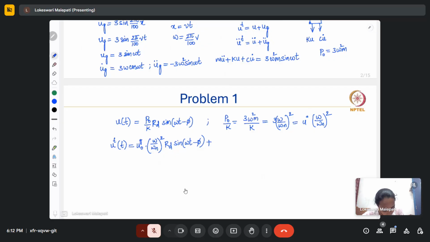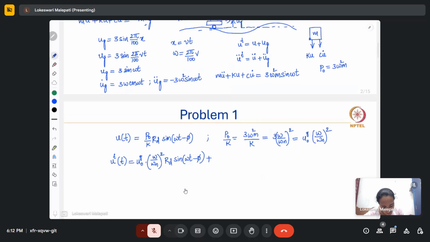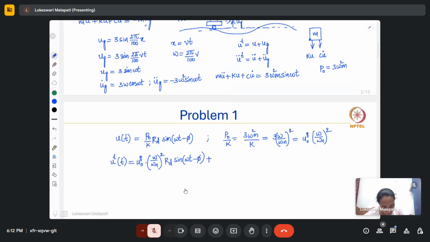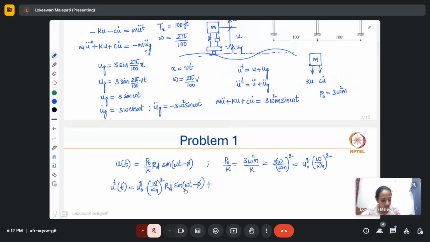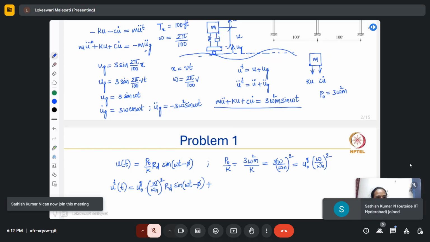Ma'am, I wanted to know how you expressed P naught equal to 3 omega squared m in that part. Okay, in the previous second week's course content, the professor presented the vibration when it is subjected to a harmonic, sinusoidal force.